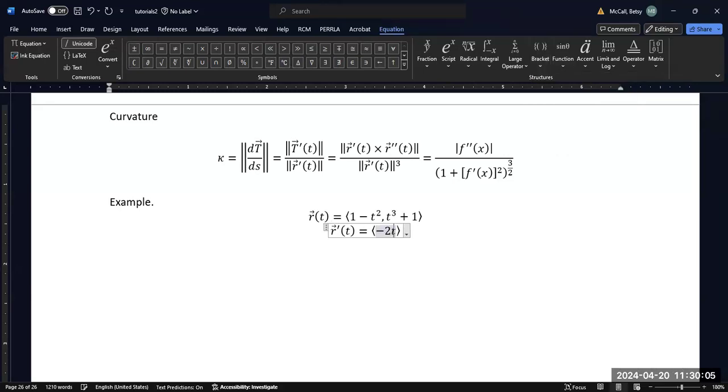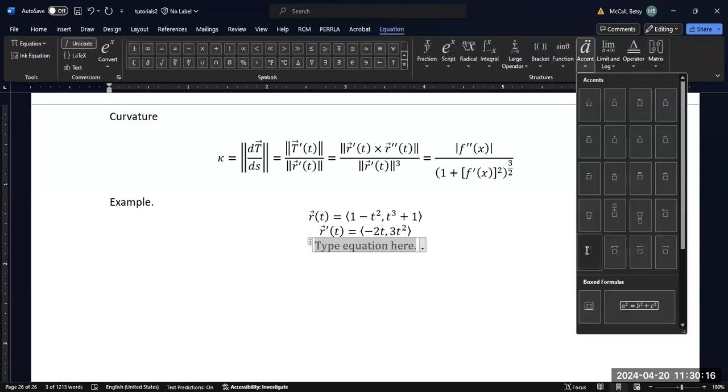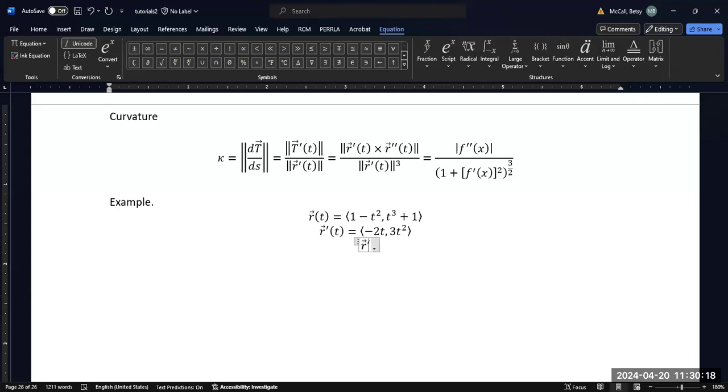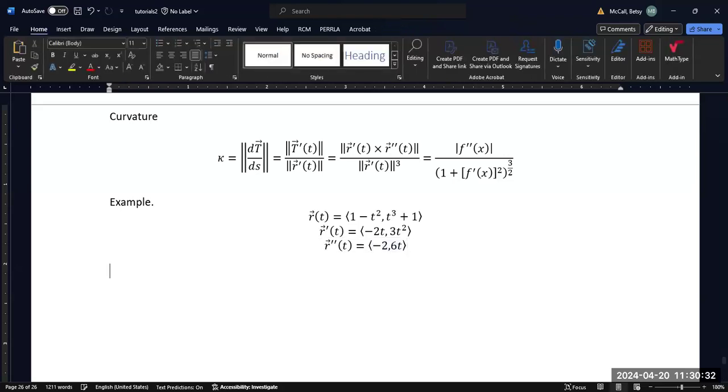And so that's going to be negative 2t and 3t squared. And we're also going to need to find r double prime of t. So that'll be negative 2 and 6t.